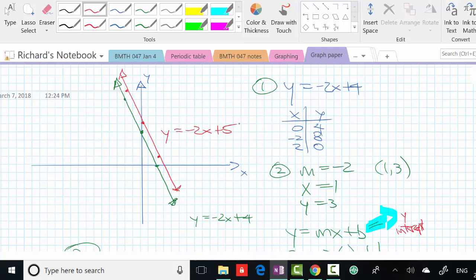Notice that the two equations are parallel. Equation number 1 has a y-intercept of 4, right there. There's the y-intercept for equation number 1.